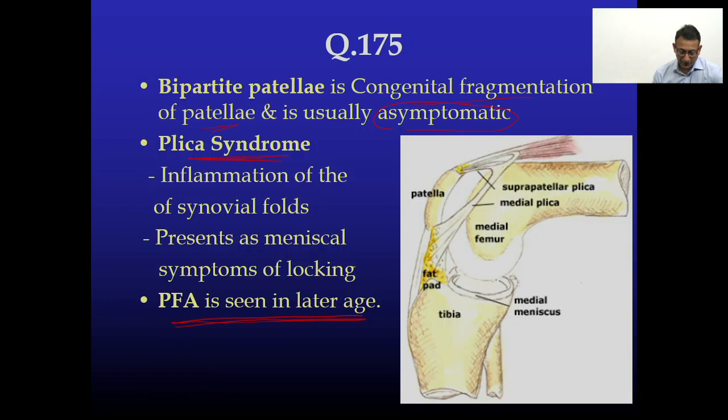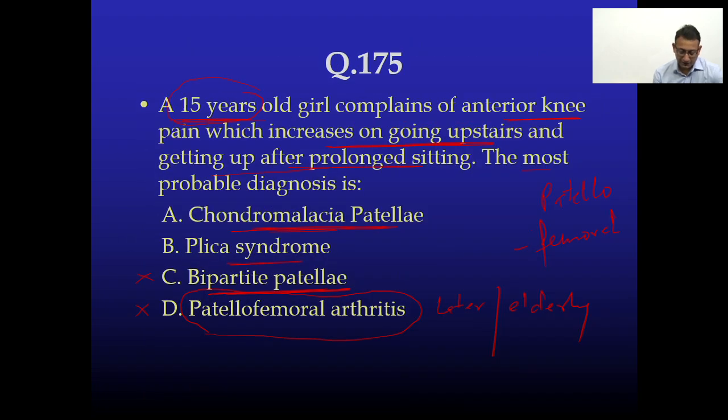In this case, the patient has problems getting up after prolonged sitting; this is the movie sign, which is positive in chondromalacia patellae. So plica syndrome is not the answer to this question. A 15-year-old girl, movie sign positive, difficulty in going upstairs involving the patellofemoral joint is nothing but chondromalacia patellae. So the answer to question number 175 is A.